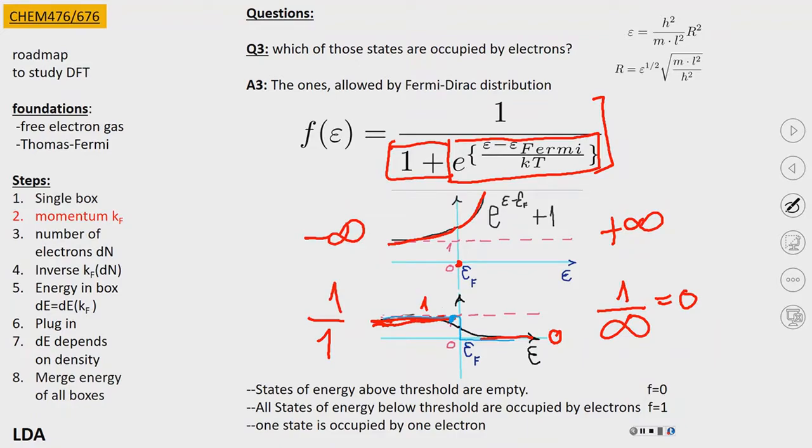Make sense? So thermal activation, thermal excitation of orbitals, and it goes through this equation. But for our purposes, we need only this zero temperature example.